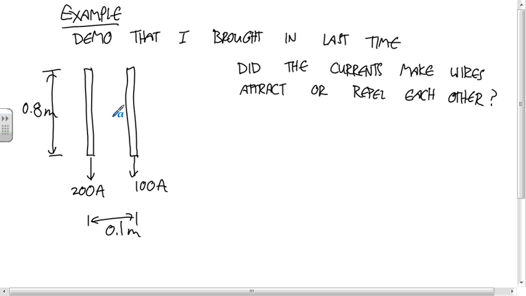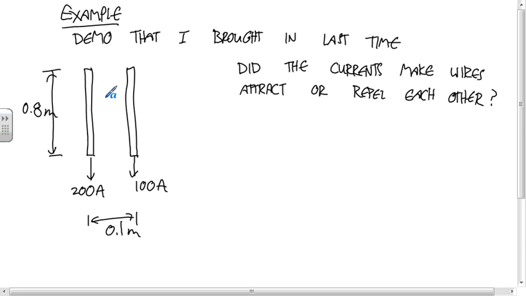Well, it is the same thing, because once we choose the one that we're going to isolate, say that we choose to isolate the 100 amps, then the first calculation we have to do is calculate what the magnetic field is at the location of this wire that's produced by the other wire.